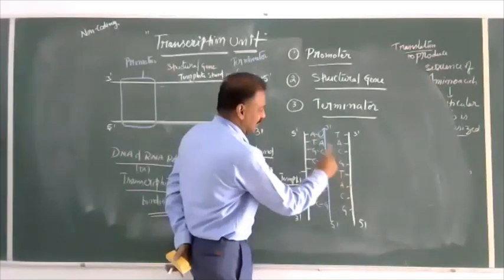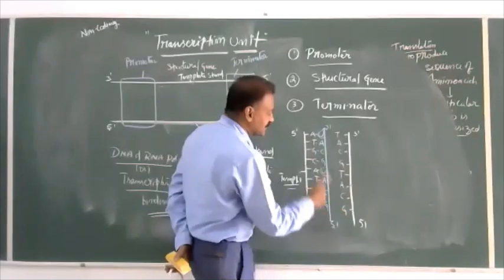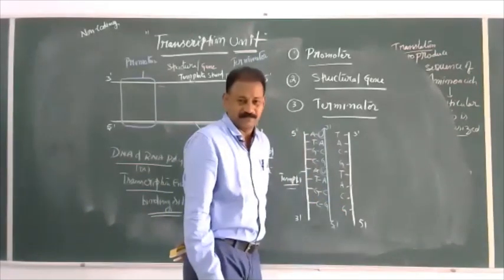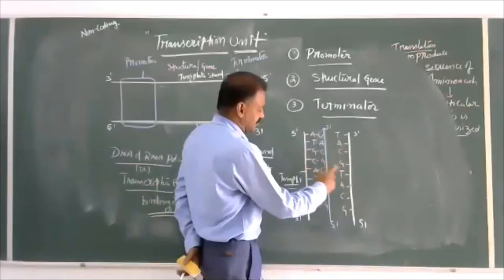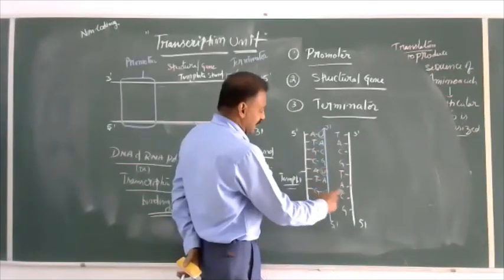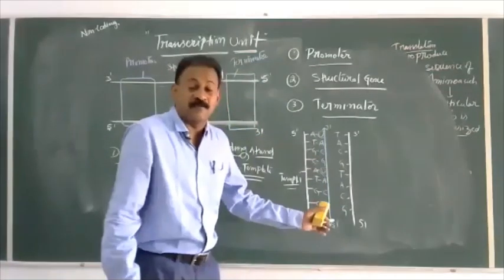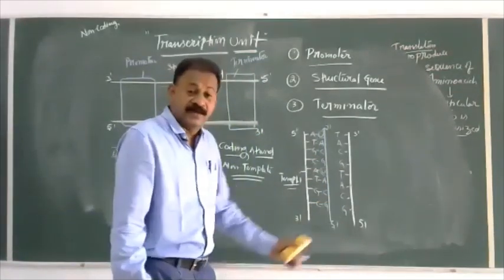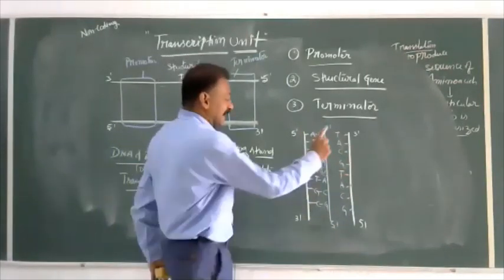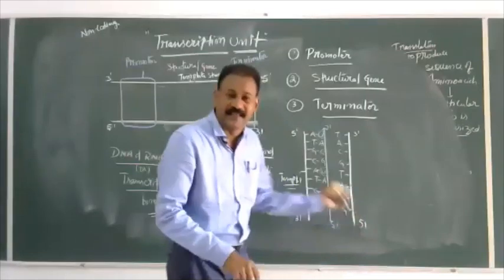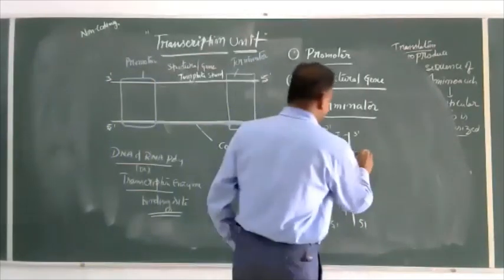RNA and the other strand both are same to same except uracil. In the place of thymine, uracil, AA, CC, GG. So, International Union of Biochemistry, International Union of Pure and Applied Chemistry, they have designed the other strand which is not involved in the transcription is considered as coding strand.